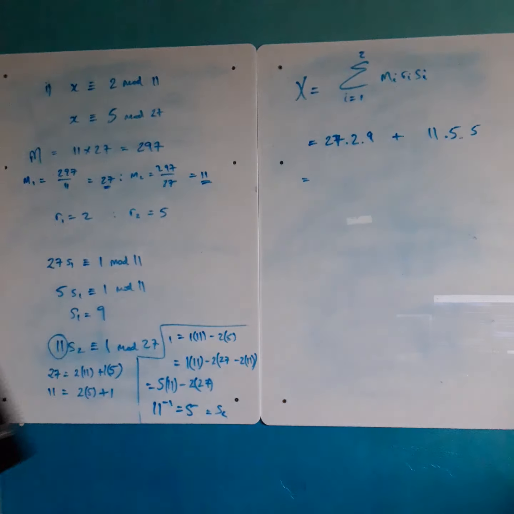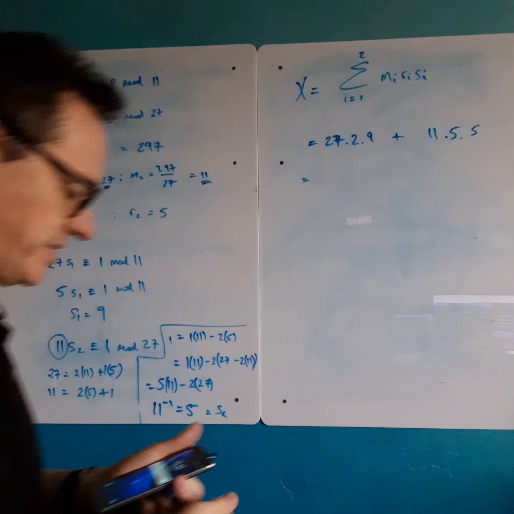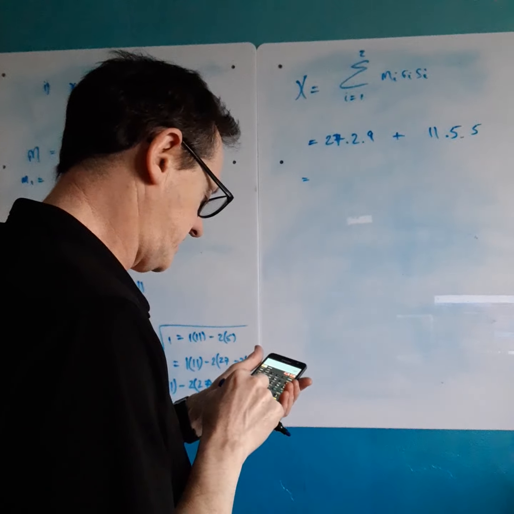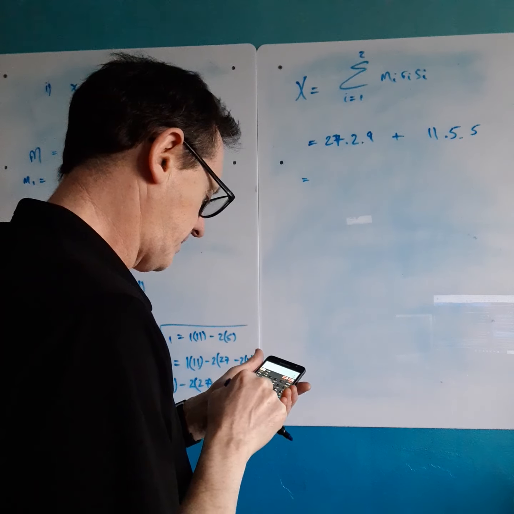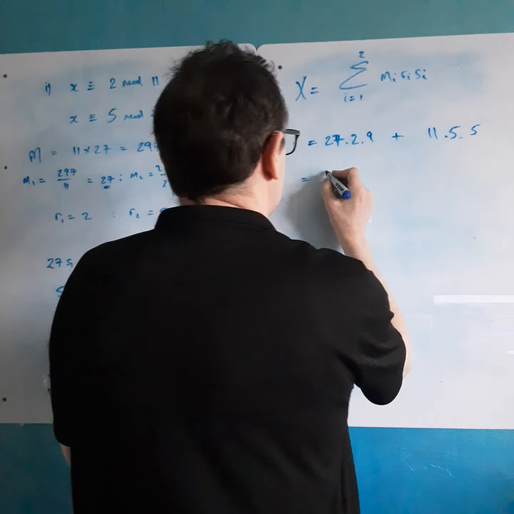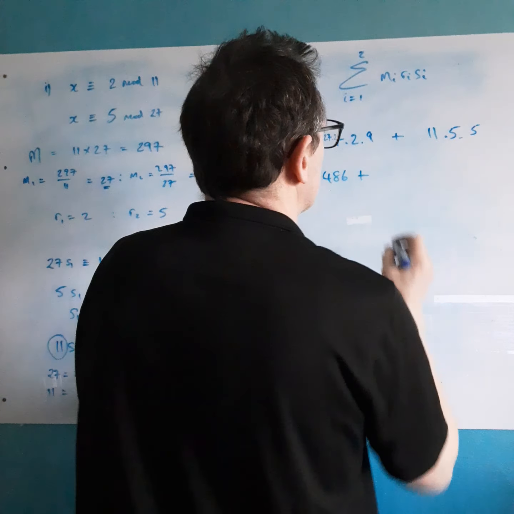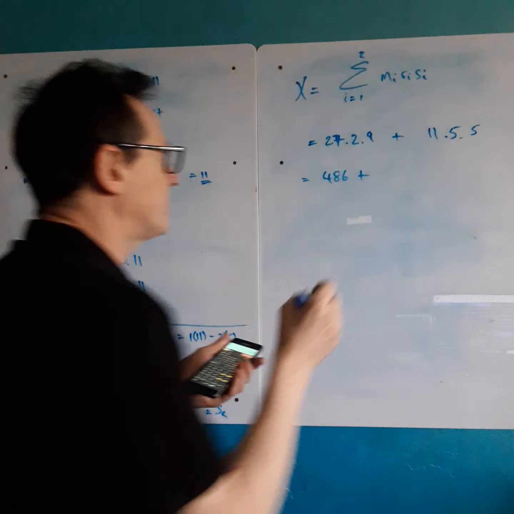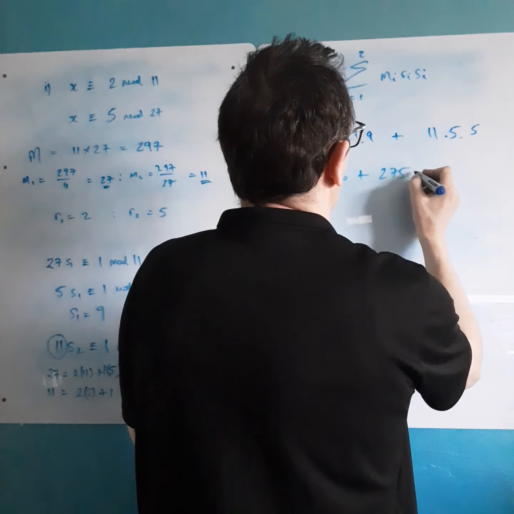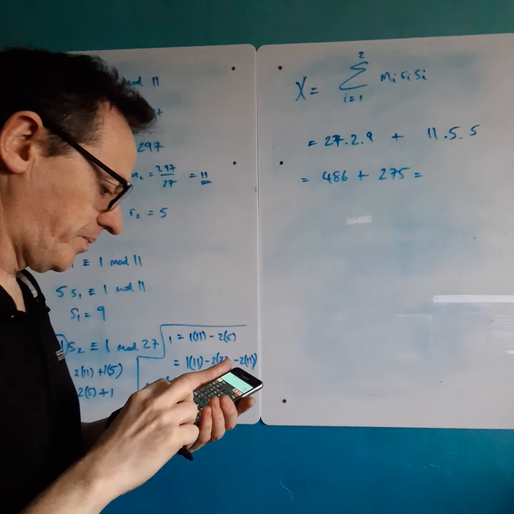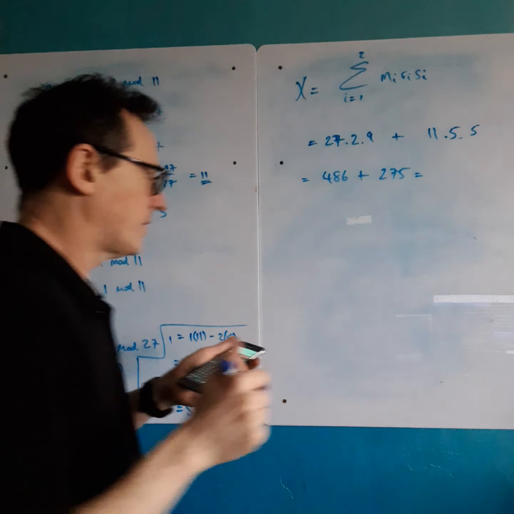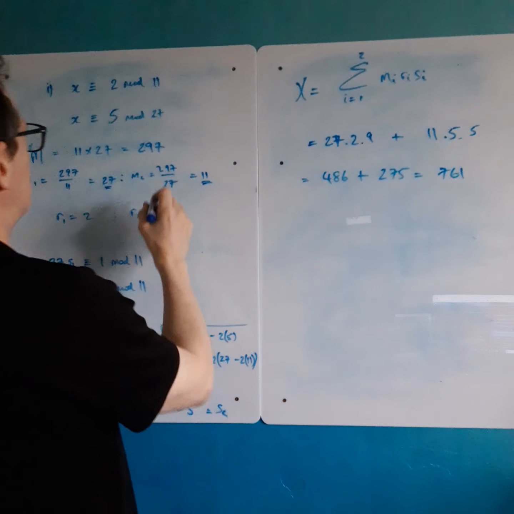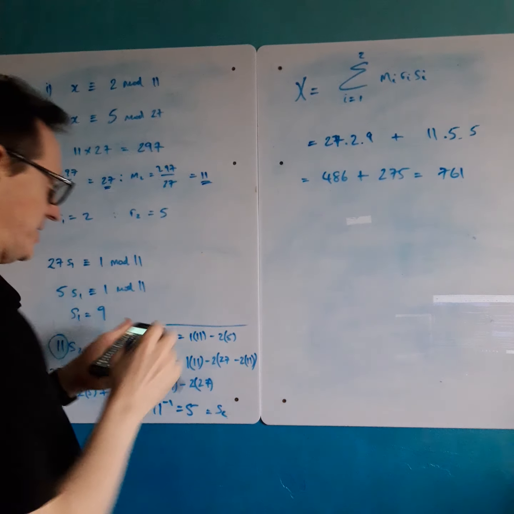Next is just to multiply these out and finish it off. 27 by 18 is 486, plus 11 by 25 is 275. That's equal to 761.